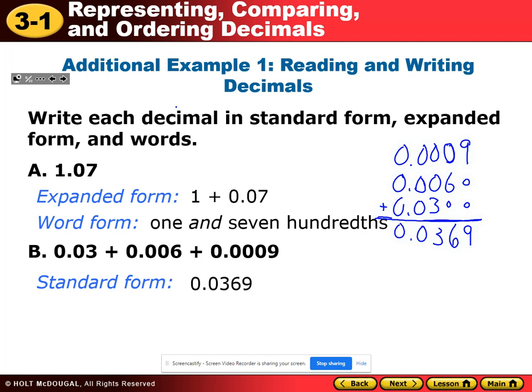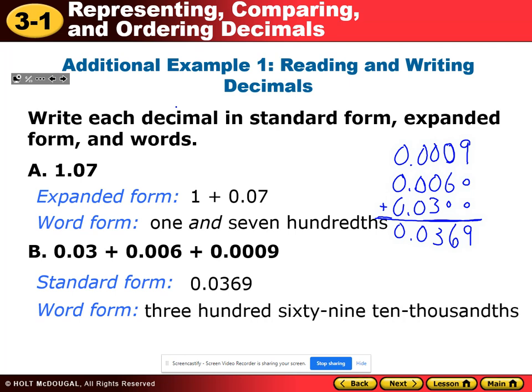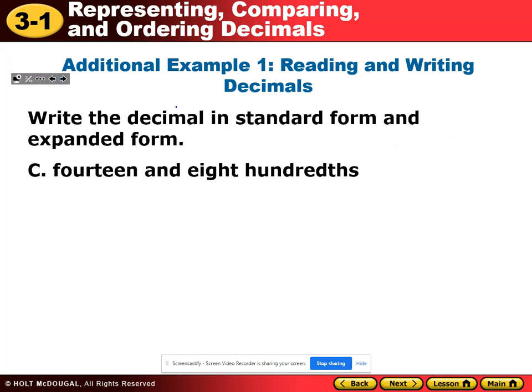So now if I said it correctly, 369 ten-thousandths, the word form becomes very easy. 369 ten-thousandths. When you're doing the word form, the last one is the important one. I see 369 if I would cover everything else up. Then since it's in the ten-thousandths spot, I say ten-thousandths. 369 ten-thousandths.